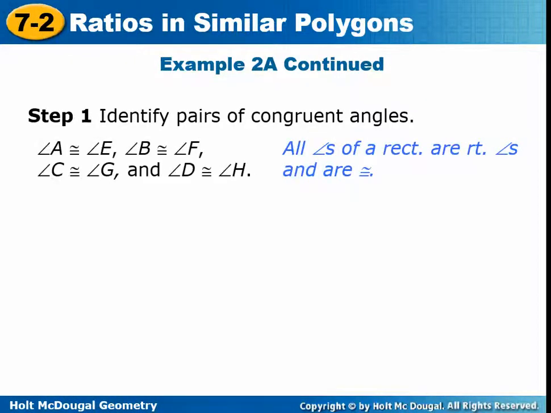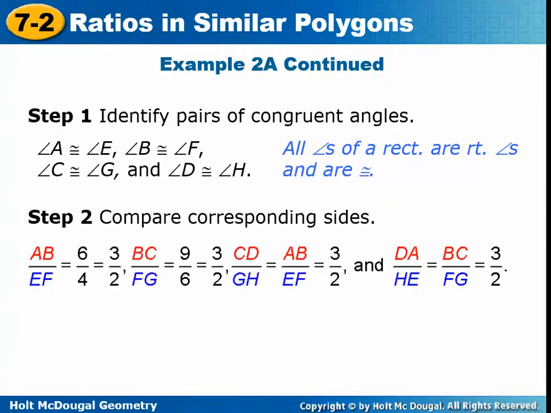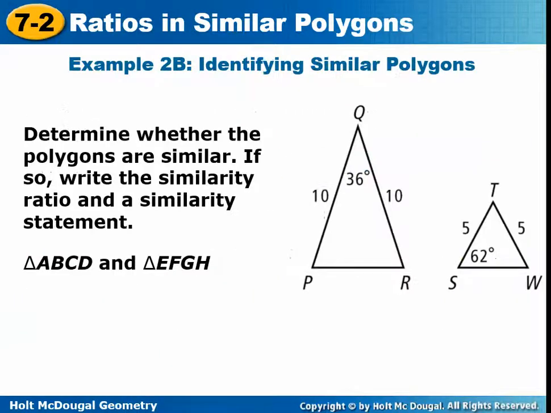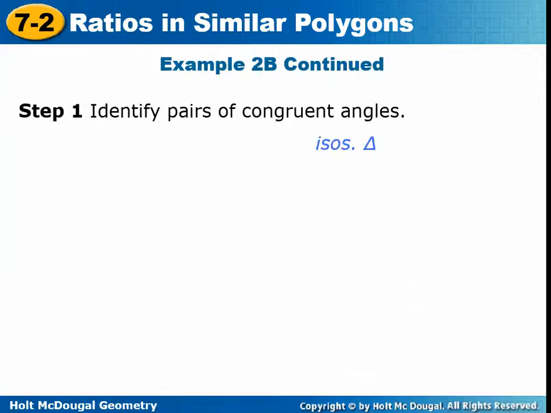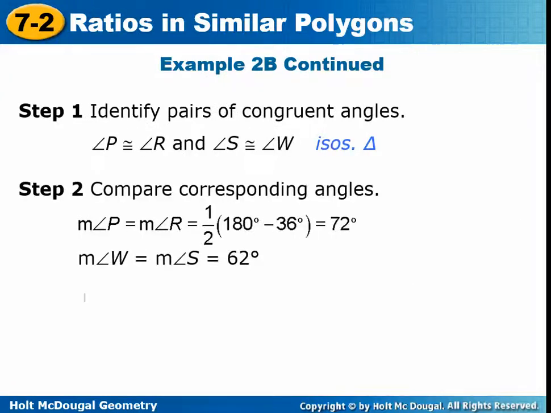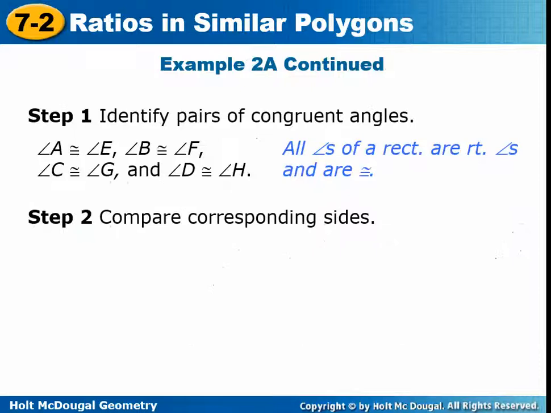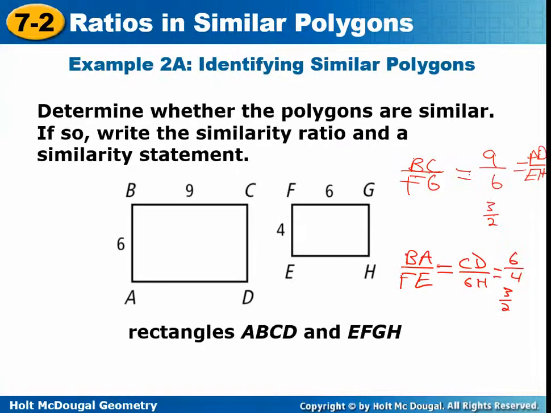So we took care of the first part of this, which is to determine whether or not these figures are similar. Then the last part is to write a similarity ratio and similarity statement. The similarity statement, whoops, I went forward instead of back. I was going to show you the picture of those two rectangles again. Right there.